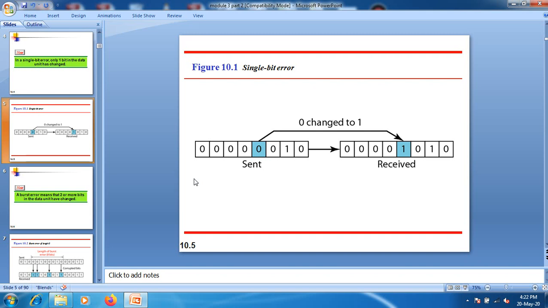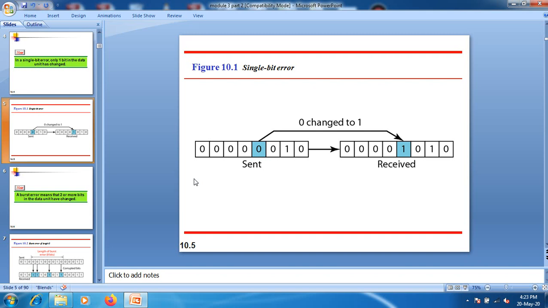Consider the bit duration: that is 1 divided by 1000, so the bit duration is 1 millisecond. For a single bit error to occur, the noise must be present for only that much duration, 1 millisecond.